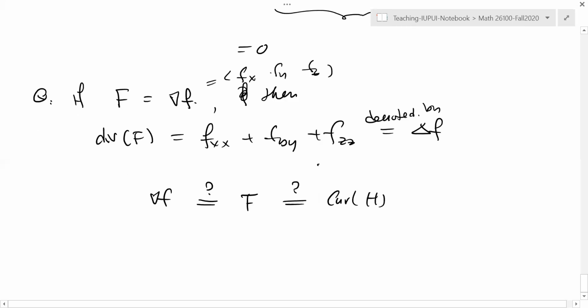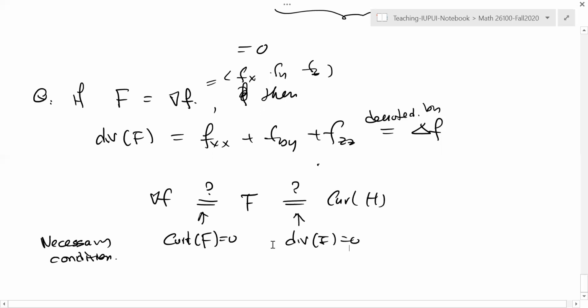So the necessary condition, if F can be written in that form: the curl of F should be 0 for this one, and for this one, the divergence of F is going to be 0. You check that.